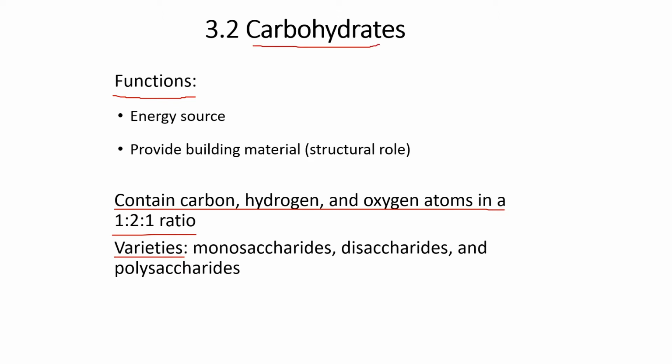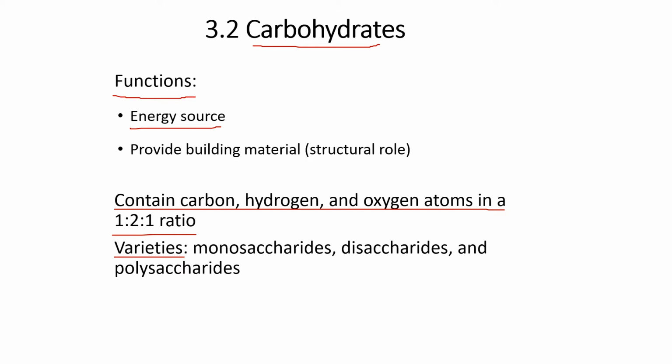So carbohydrates, their function mostly is for energy. Your body's going to eat carbs before it consumes the lipids. And I'm not talking about your digestive tract. I'm talking about your actual cells that make up your body. They prefer to eat carbohydrates over lipids or proteins or nucleic acids.